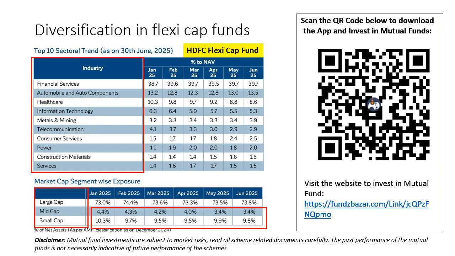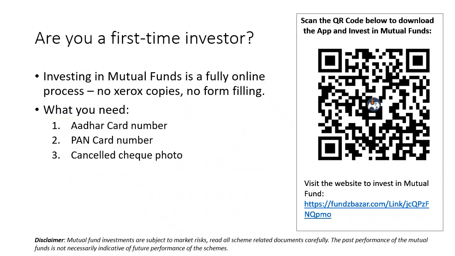So this is the biggest benefit of investing in a flexi cap fund. Your money is invested across industries, across market cap segments, so that even if one or more of the industries or one or more of the market cap segments underperform, their performance would be balanced out by the overperformance in other industries or other segments, right?